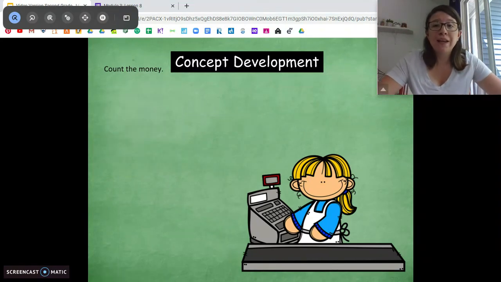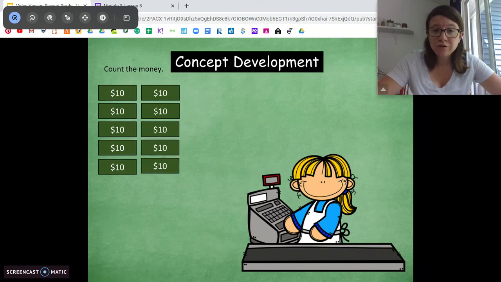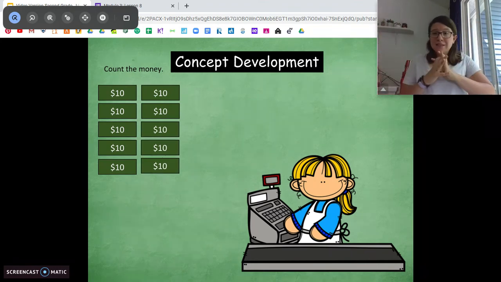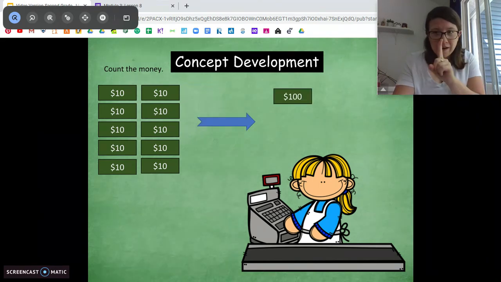Awesome. Now we're going to count by $10 bills. So we have 10, 20, 30, 40, 50, 60, 70, 80, 90, 100. When we have 10 $10 bills, what can we change that into? Good. $100 bill. Awesome. Same thing as tens and ones, just using money.